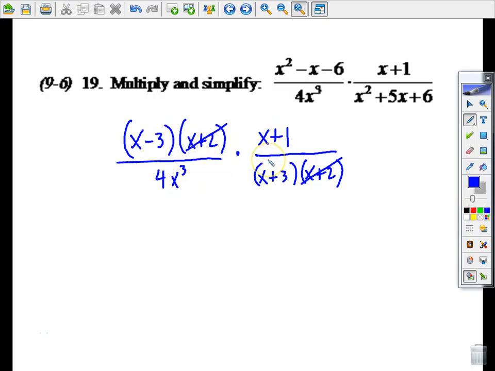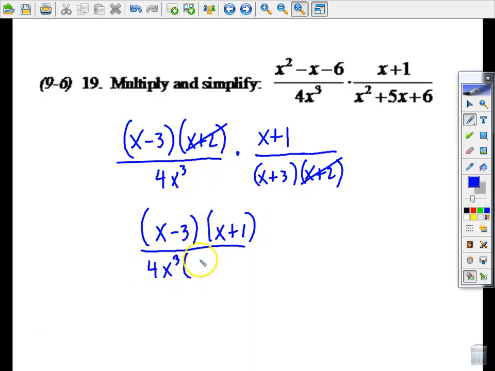That's all that cancels, and whatever doesn't cancel will show as being multiplied together. I'm not going to ask you to multiply them. If you want to, that's fine, but you might be short on time on the test. This is sufficient for the answer. So make sure you're up on your factoring.